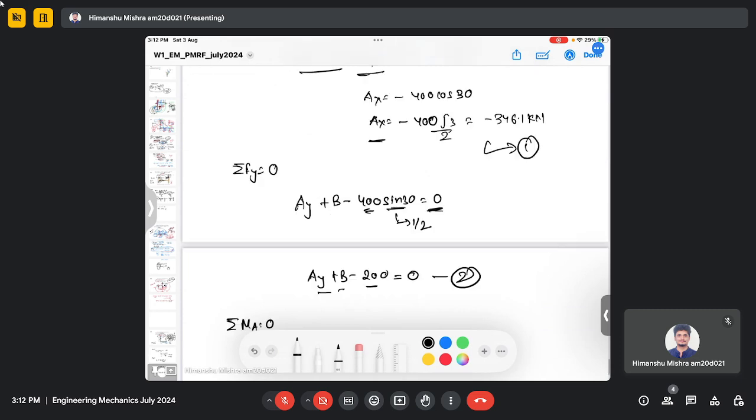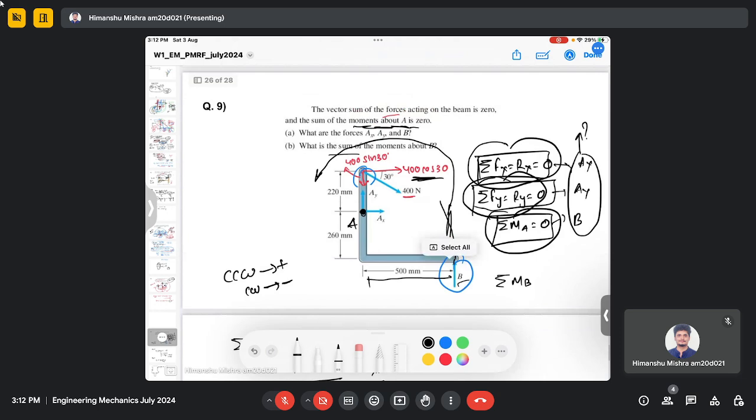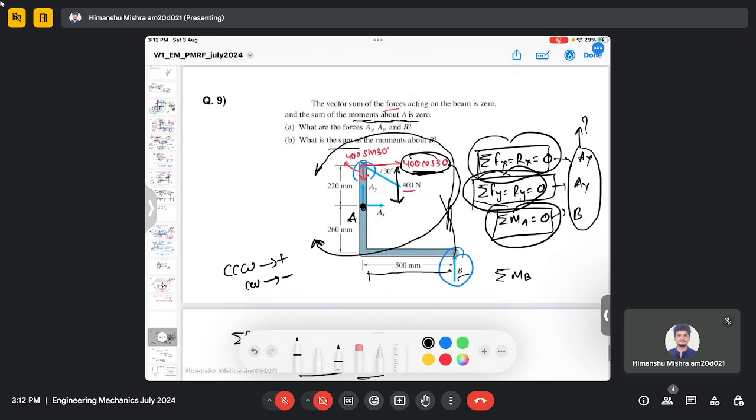0.5 meter. Then there will be a moment due to this force as well, which will be rotating in a clockwise direction around point A. And the perpendicular distance is this, which is 200 millimeter or 0.2 meter.